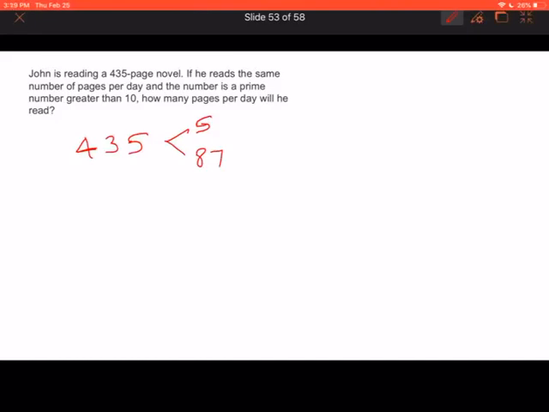This can be factorized further. Oh yeah, it can be factorized by 3. 8 plus 7 is 15, so 3 times, 3 times 2 is 6 and 3 times 9 is 27, right.